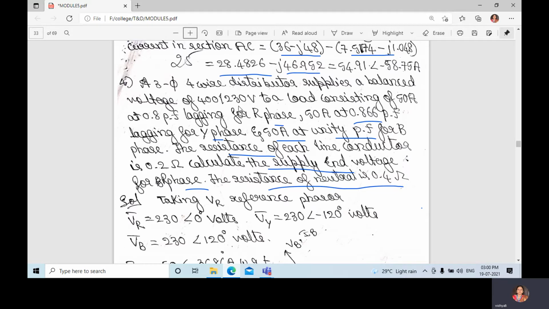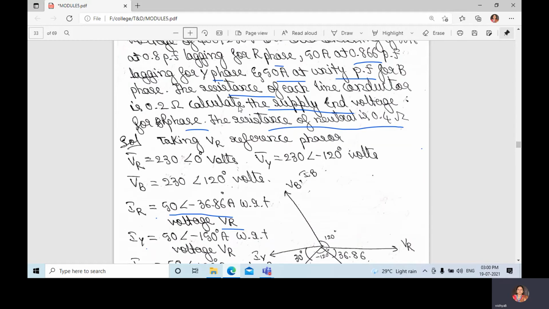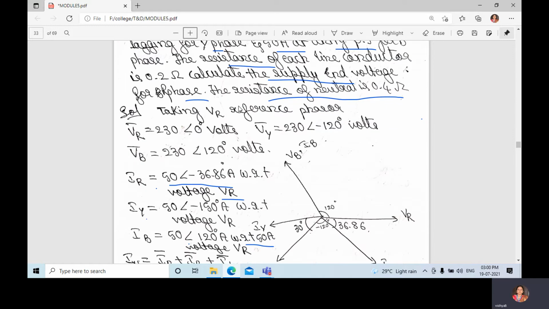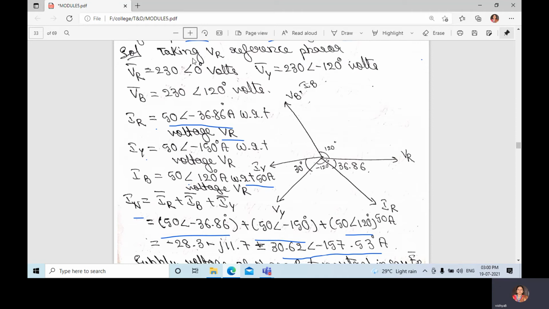The resistance of each line conductor is 0.2 ohm, the neutral resistance is 0.4 ohm, and we calculate the supply end voltage for R phase to neutral. First, they have taken VR as the reference phasor. So VR is equal to 230 volts at 0 degree, VY is 230 at angle minus 120, VB is 230 at angle 120.